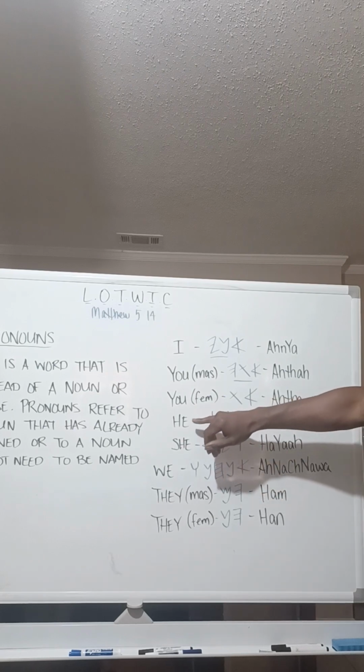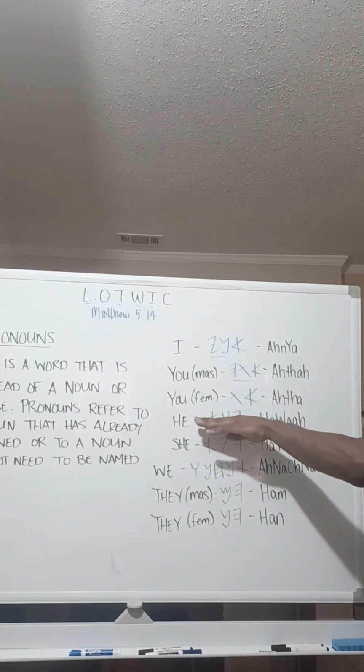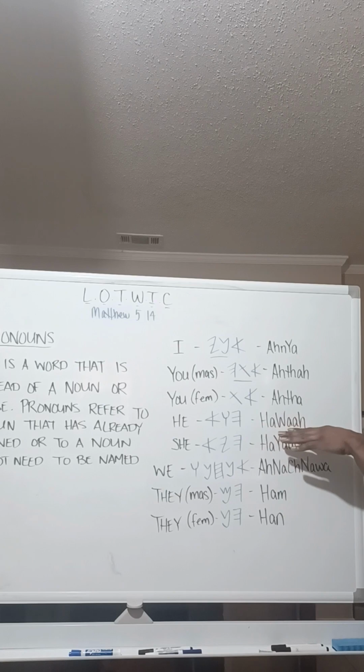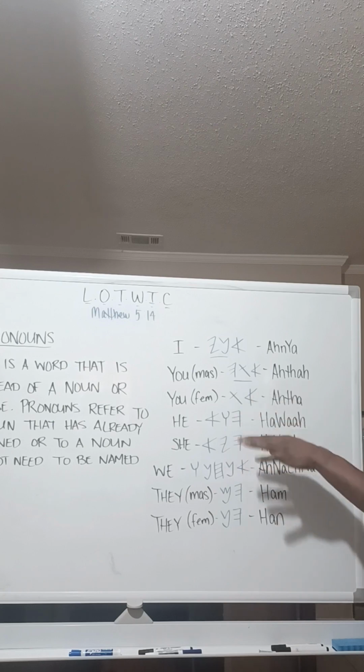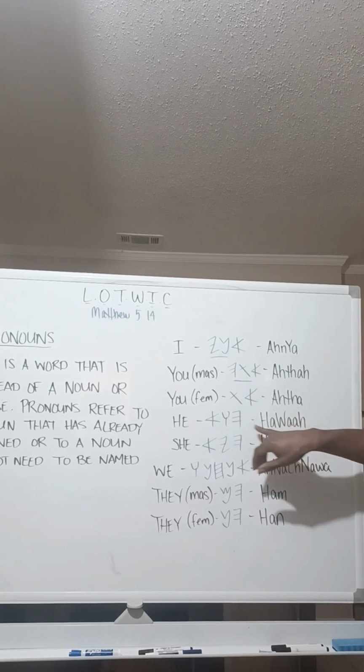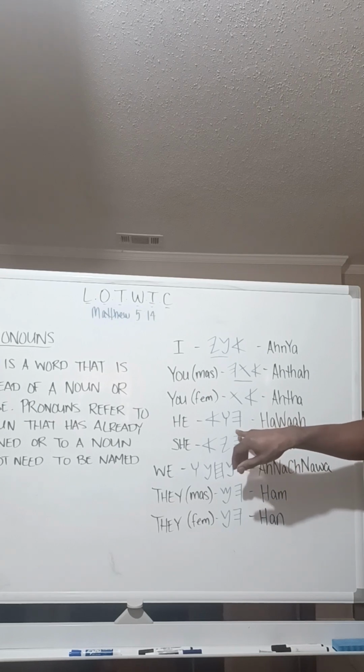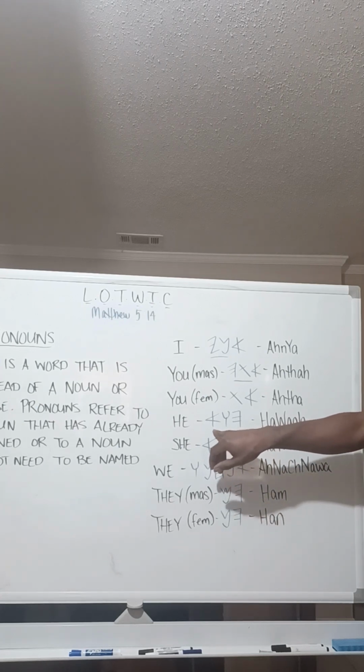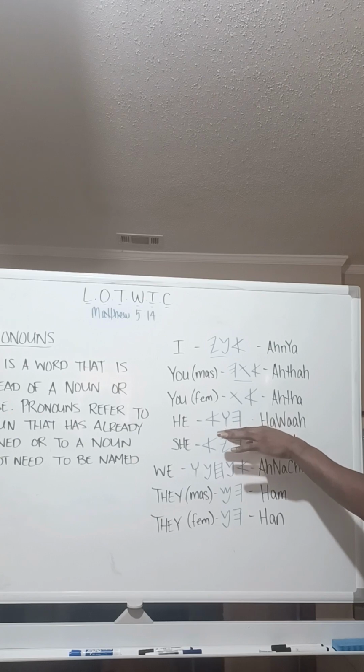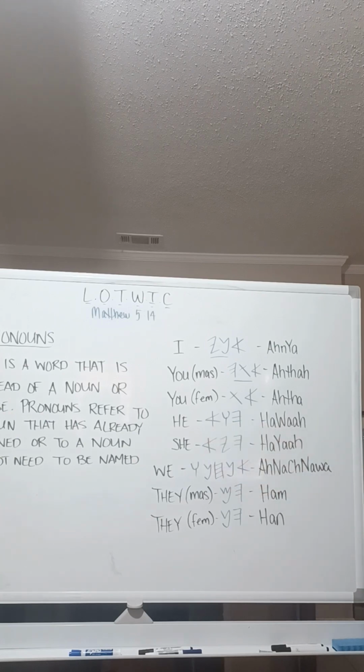Down to he. He is Hawa'a. And he also can mean it. This is your ha, your wa, and your ah. Ha, wa, ah. And this is how you will pronounce it.